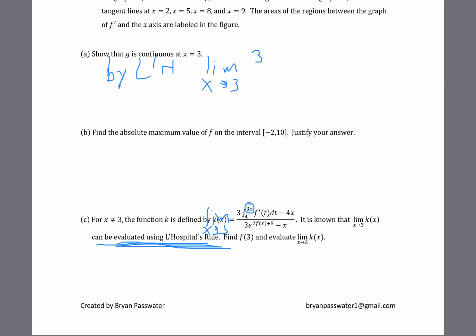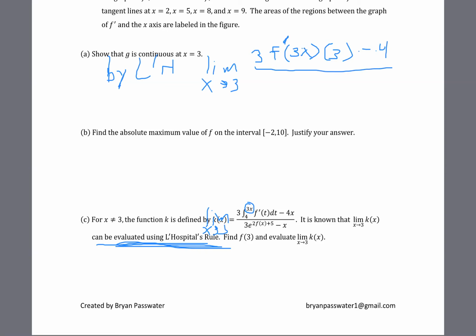Hopefully you remember, since that top limit is 3x, that is the second fundamental theorem of calculus. It says I plug in that value at the top that has an x with it, in for the t, and then I also have to do a chain rule, the derivative of 3x, which is times 3, and then the derivative of negative 4x is just negative 4.